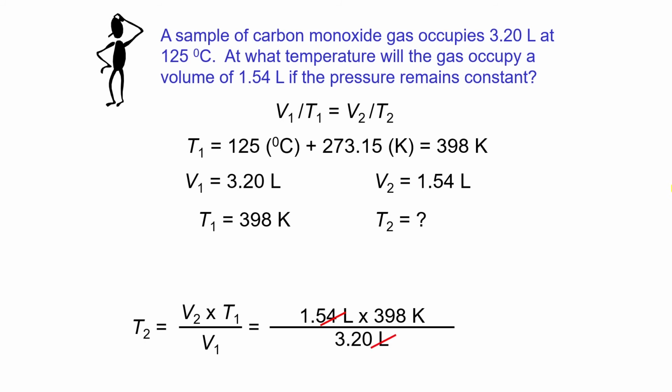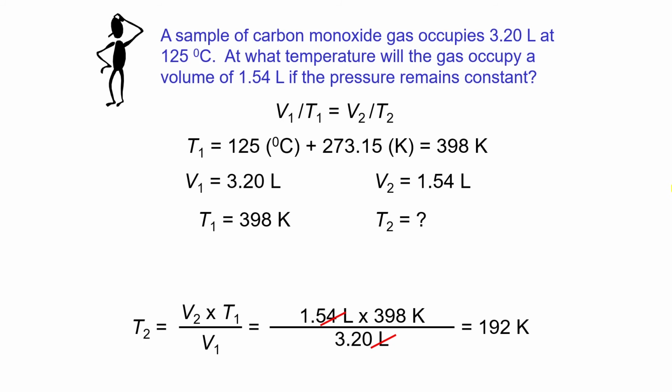I'm going to end up in Kelvin, and the resulting number should be smaller than 398, and the result is 192 Kelvin. So at least as far as which direction the temperature moved in, we are in the right direction here. I'll give you a few seconds to work that out. You can try the calculation and see if you get the same result.